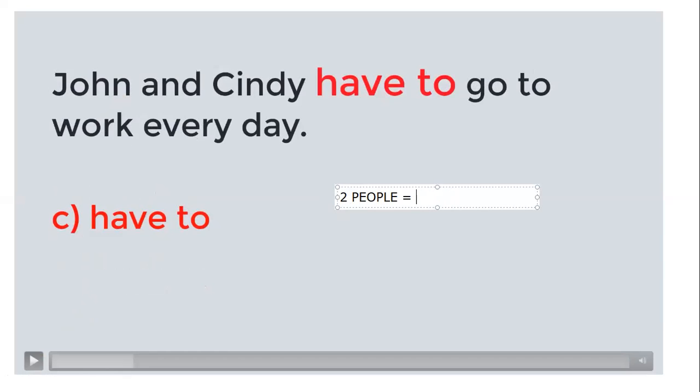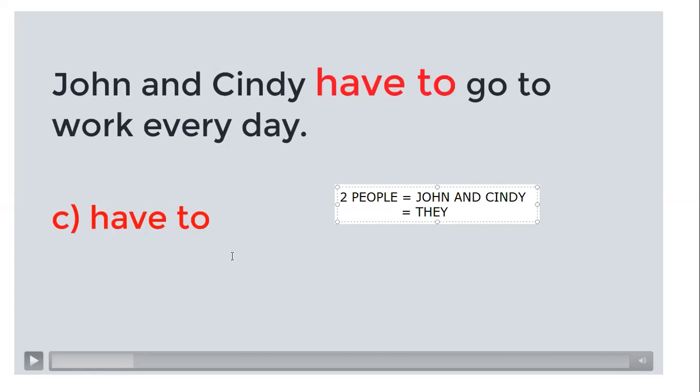John, oh, sorry, and Cindy. What does that mean? Two people equals they, okay? We are not going to say has to because it's not only John or not only Cindy, it's two people, okay?